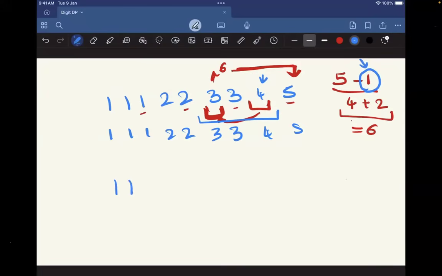But if the array was 1, 1, 1, 2, 2, 3, 4, 5, and this was the range, you can see that there is 3 and there is 4 that occur only once in the array. So in that case, it would have been 5 minus 2 and not 5 minus 1. Is this clear, guys?